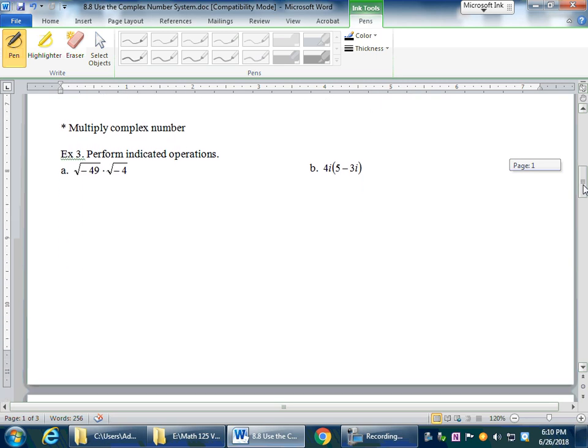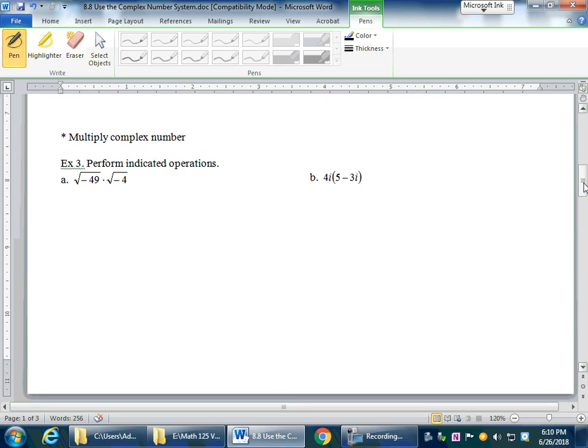Next, multiplying complex numbers. For the first example, notice that the first factor involves an imaginary unit, and the second factor also involves an imaginary unit. So we're going to rewrite it with imaginary notation first.